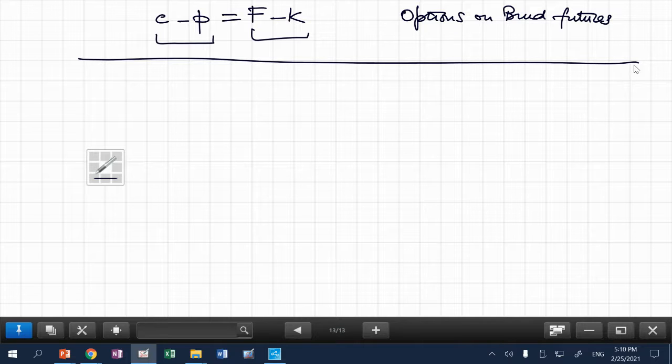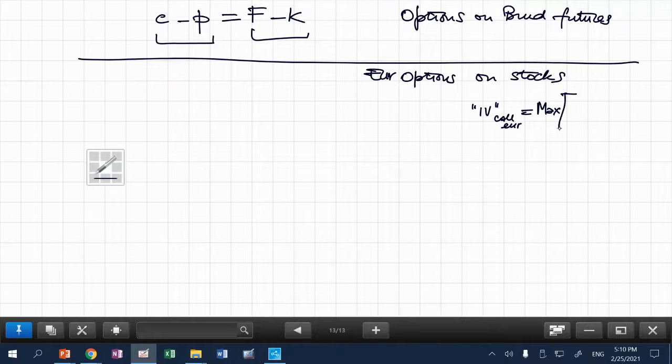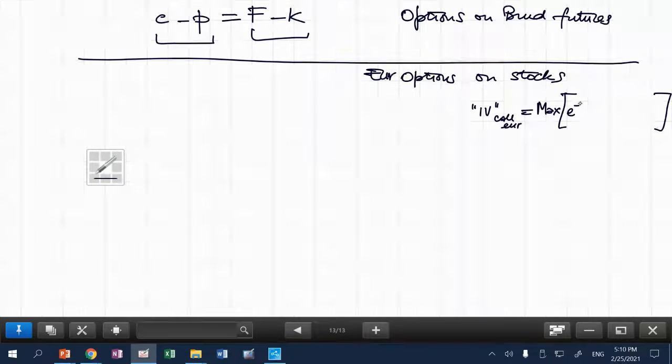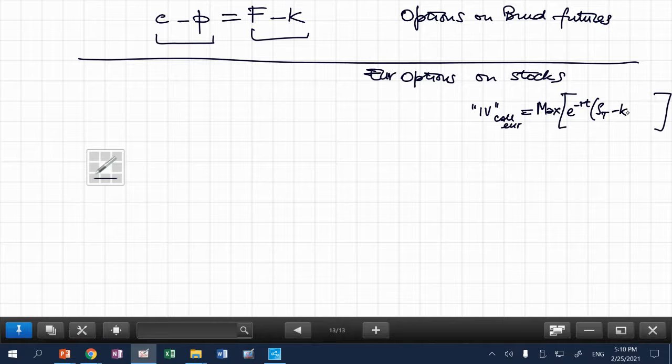But now, with the intuition that we got that the difference between the two premia must lie in the intrinsic value, what is going to be true for European options on stocks? If you remember, my modified version of intrinsic value for these options were respectively equal to the maximum between the discounted value of ST minus K and 0 for call options.